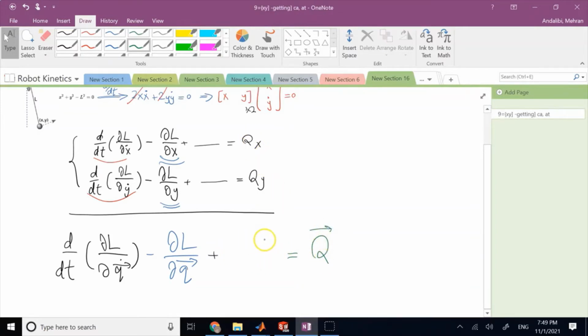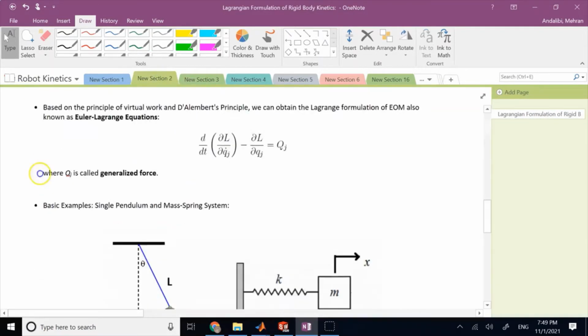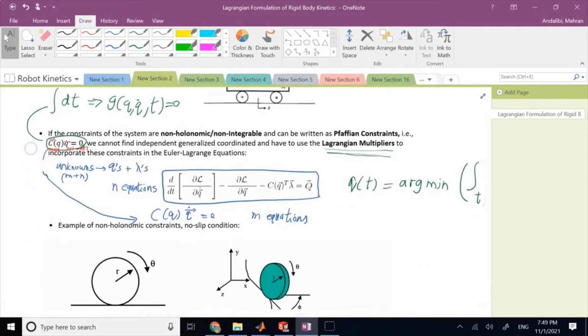Now, what is it that I will add here? As you just saw, what we need to add is C transpose times lambda.